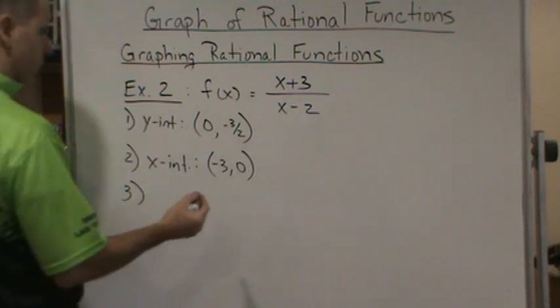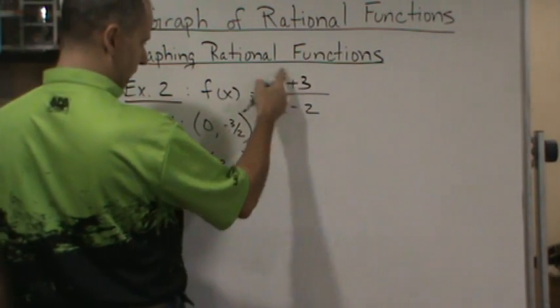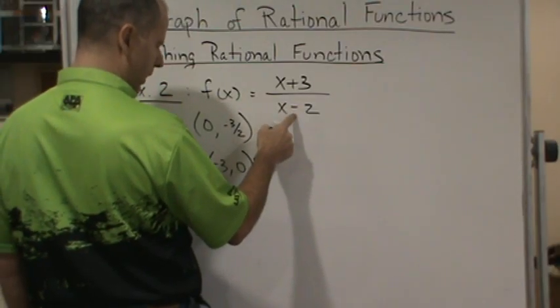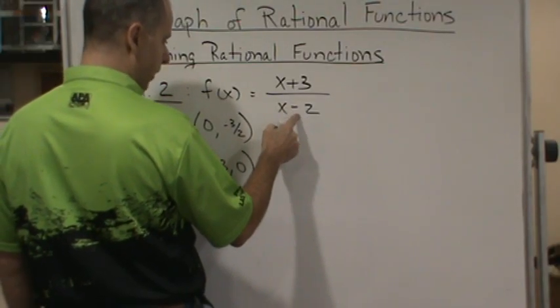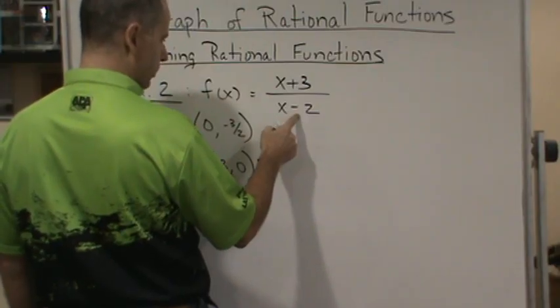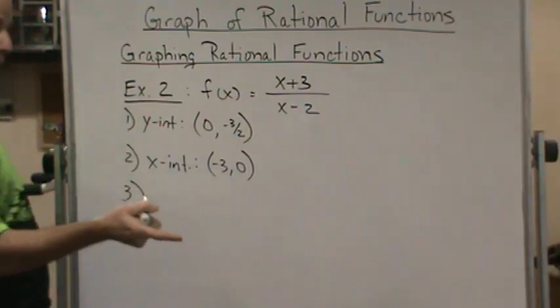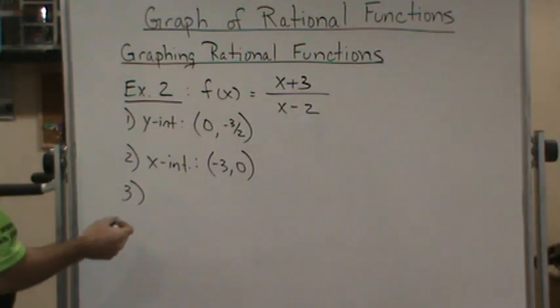Okay, now we're going to turn our attention to asymptotes. For vertical asymptotes, again, we look for restricted values, so we set the denominator equal to 0. Any value that makes the denominator 0 is a restricted value of the domain, but it also represents where asymptotes are located here.